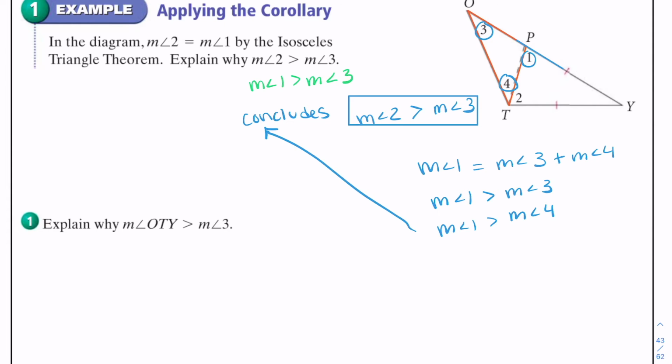Okay, explain why the measure of angle OTY is greater than the measure of angle 3.